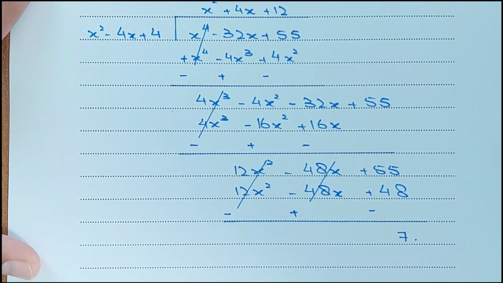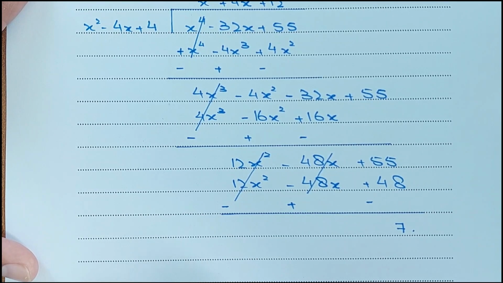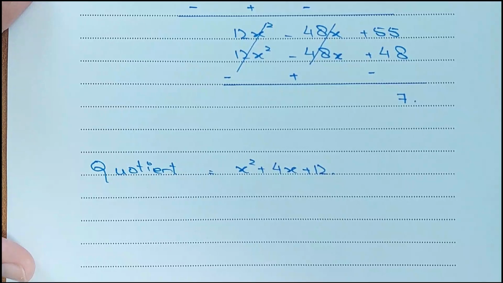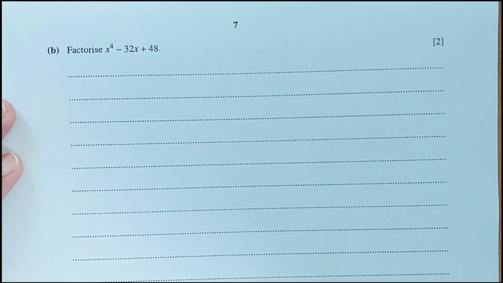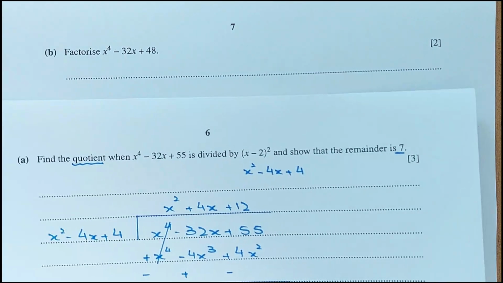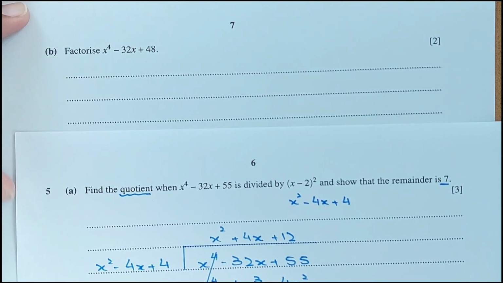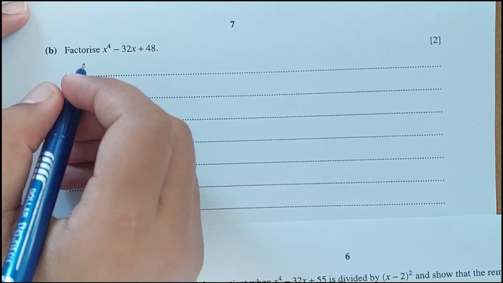We have shown that the remainder is 7, and the quotient we got is x square plus 4x plus 12, right? This is the quotient. Now for part B, factorize x4 minus 32x plus 48. In part A we were given x4 minus 32x plus 55. So how can we write this using the remainder theorem?